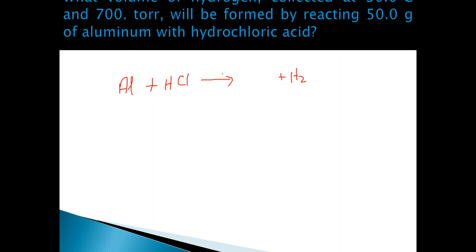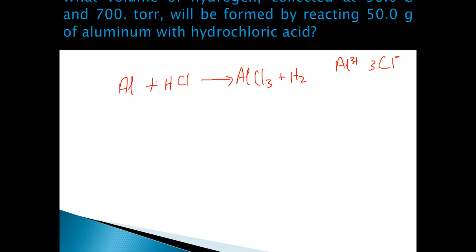Aluminum has a +3 charge, and chlorine has a -1 charge. Then we know that we're going to need 3 chloride ions. So therefore, the formula for aluminum chloride that will be formed will be AlCl3.